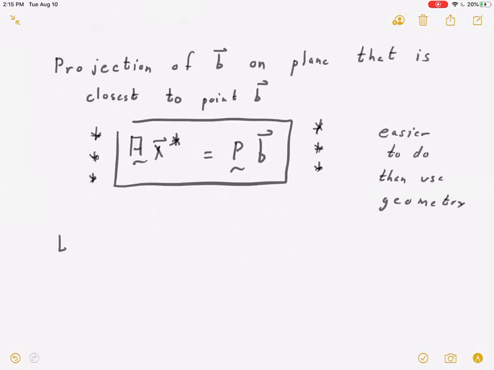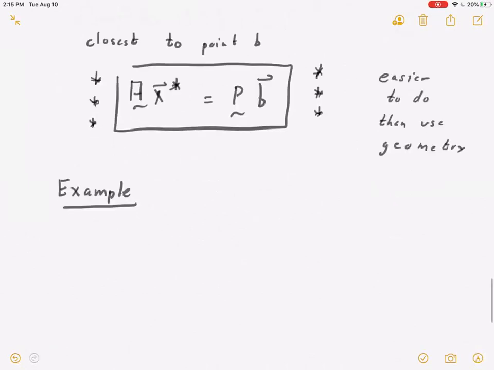So at this point, let's tie all these ideas together and let's go through an example. Okay, so the example I want to use starts with two vectors. We'll call them V sub 1 and V sub 2. Here they are.